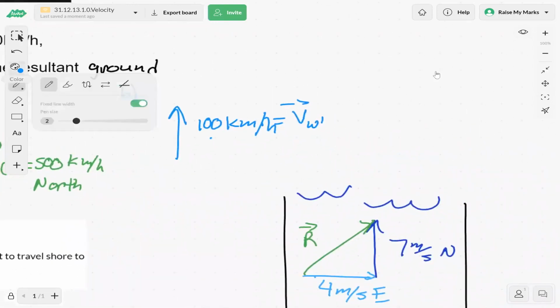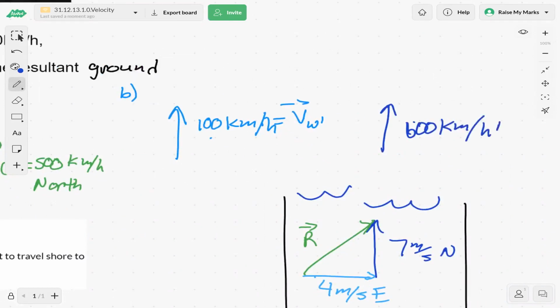Now when we add the velocities together, we have our plane at 600 kilometers per hour north. Our wind is also going in that same direction, at 100 kilometers per hour north.